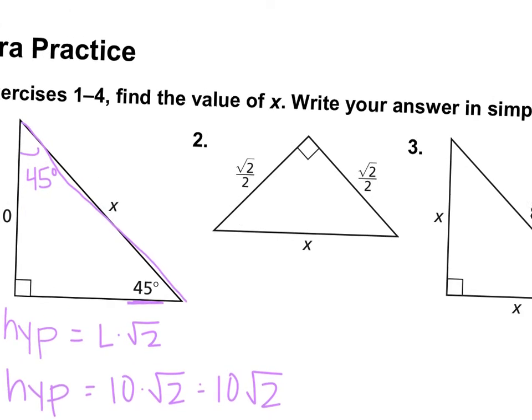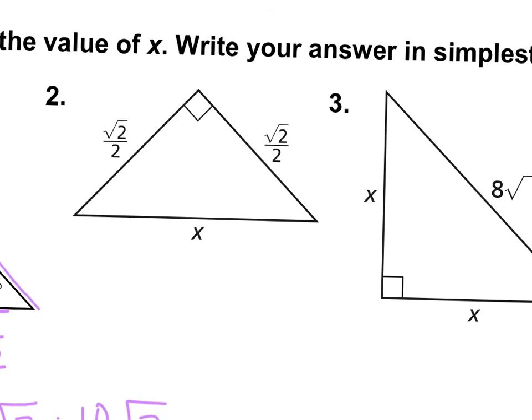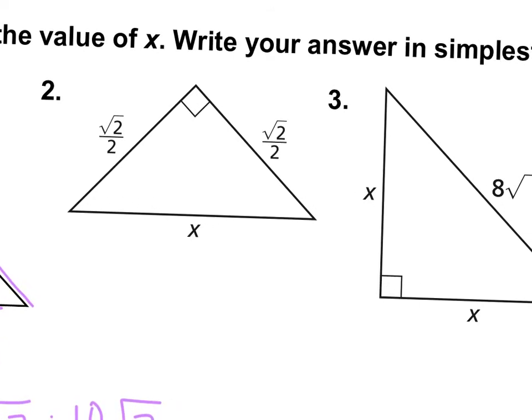All right, let's try number 2 together. What side is missing? Good, the hypotenuse again is the one that's missing. How can I identify what type of triangle this is? What gives it away? Good, the sides are equal, so that tells me once again it's a 45, 45, 90 triangle.